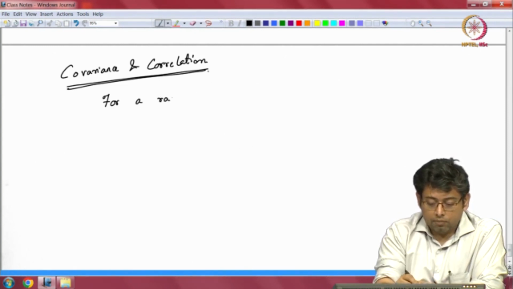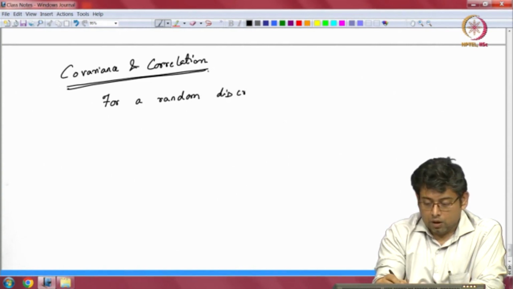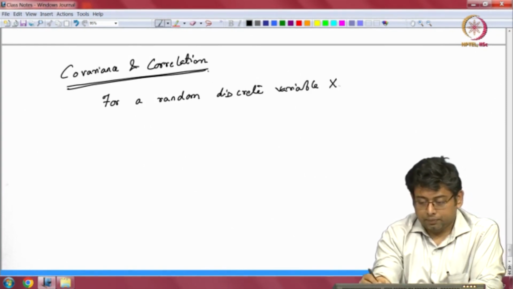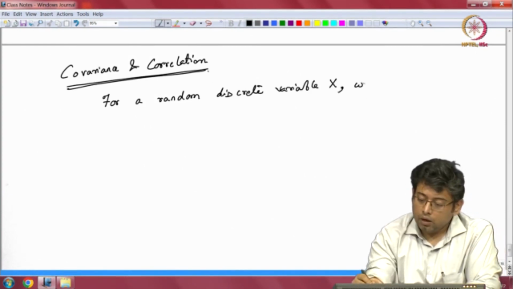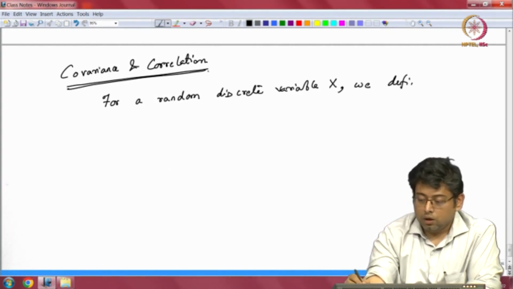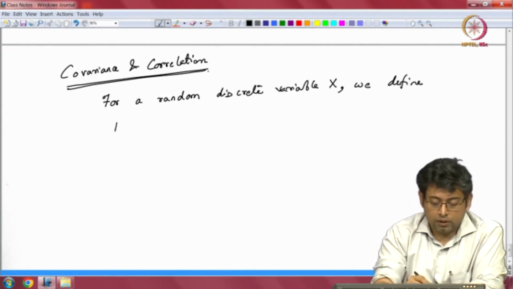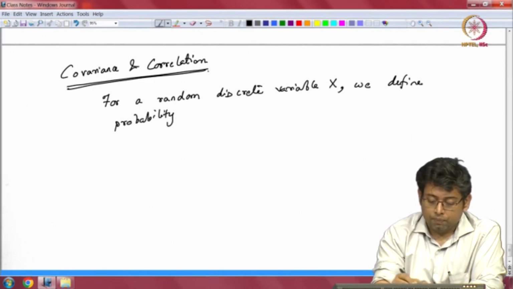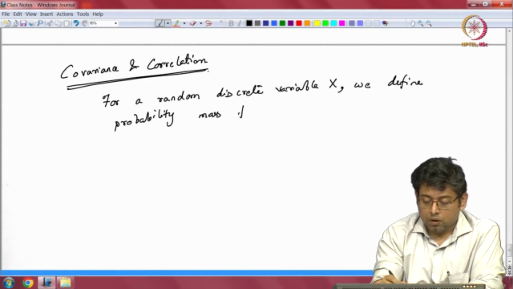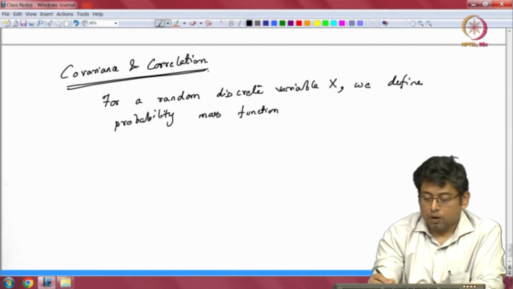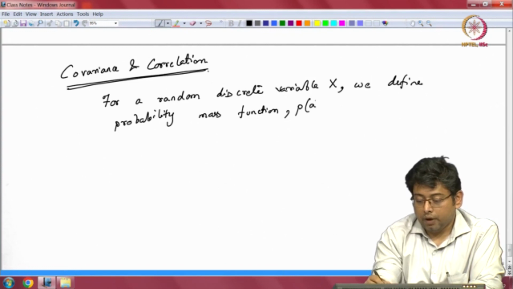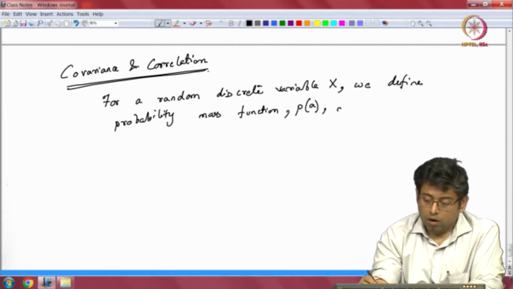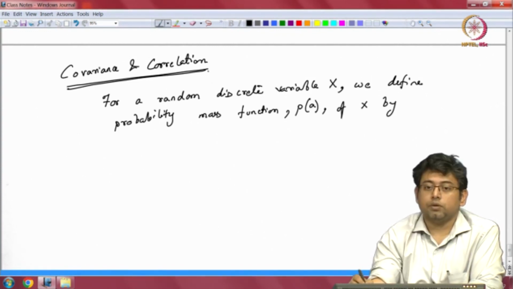For a discrete random variable, let us say x, we define something called the probability mass function, which we will call, let us say, p of a, by this equation.